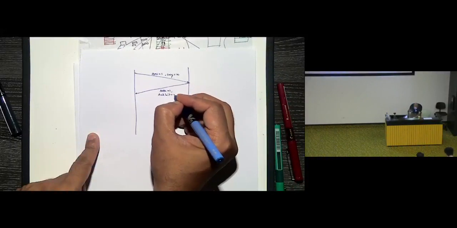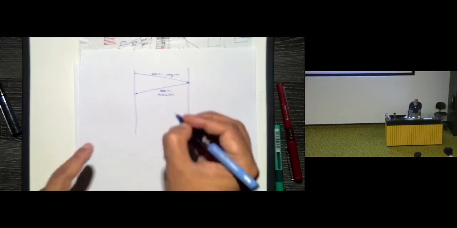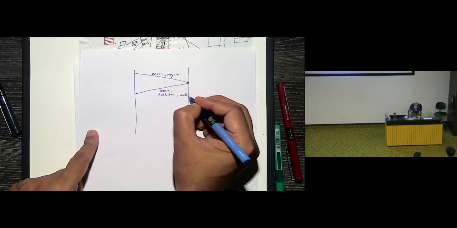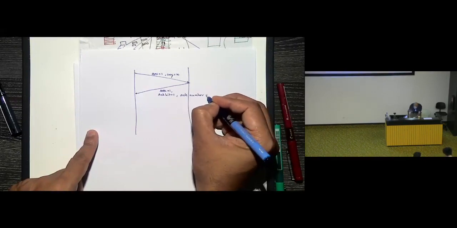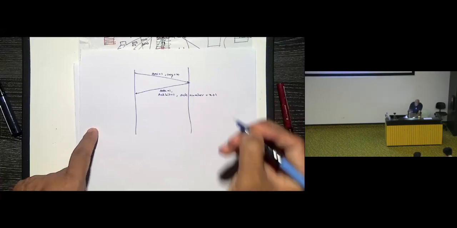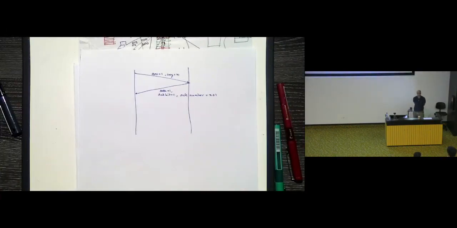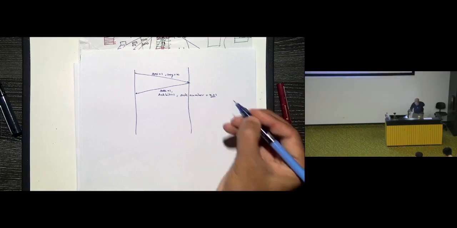ACK bit. This is 1. And in the acknowledge ACK number, this will be X plus 1, signifying, yes, I have received your SYN request, and I'm acknowledging. Please now give me X plus 1.